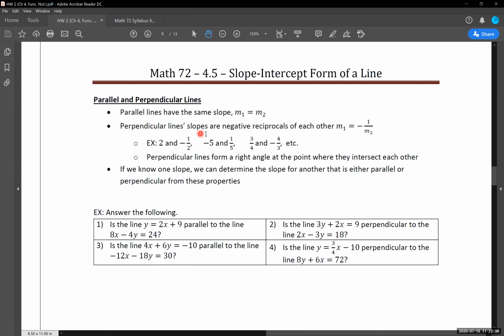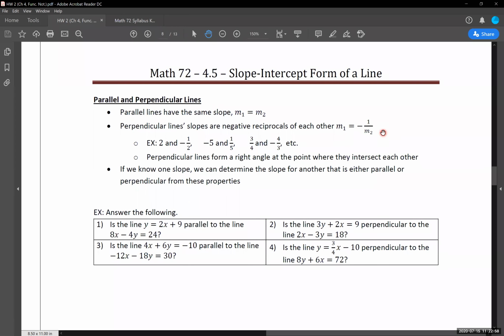Perpendicular lines have slopes that are the negative reciprocal of each other, meaning that if I have the first slope, the negative reciprocal of that is going to be flipping it and making it negative. So we have right here a general definition of that.